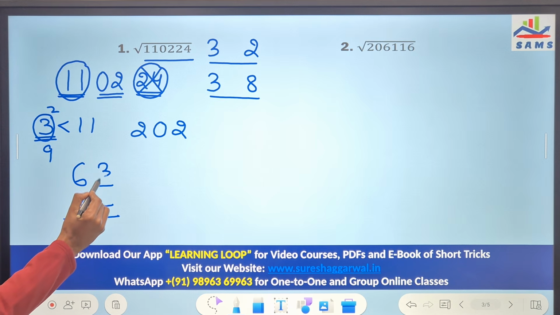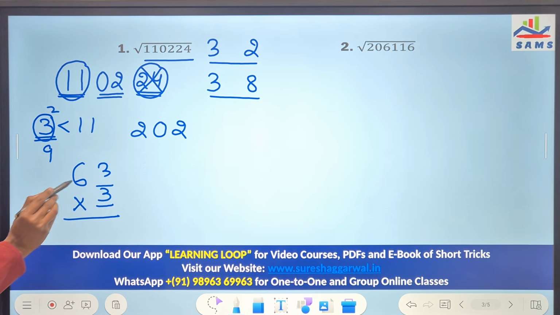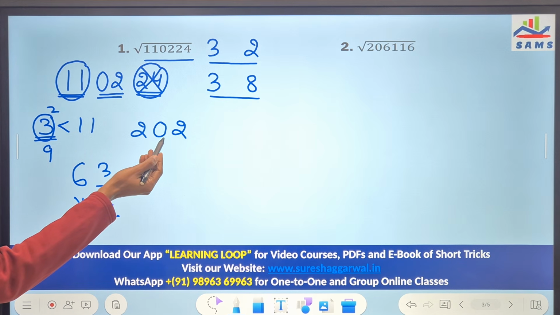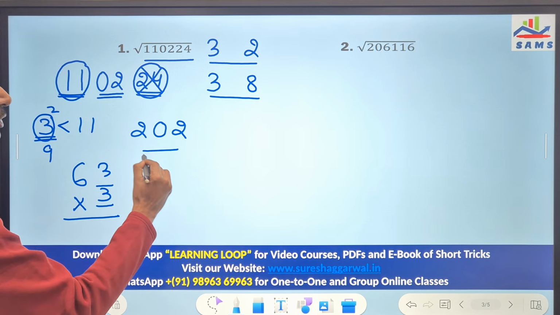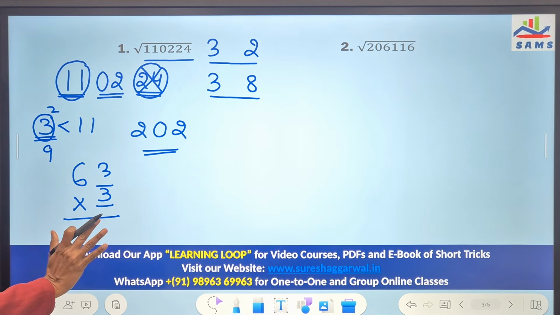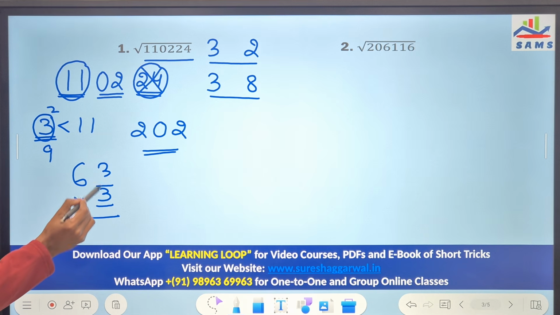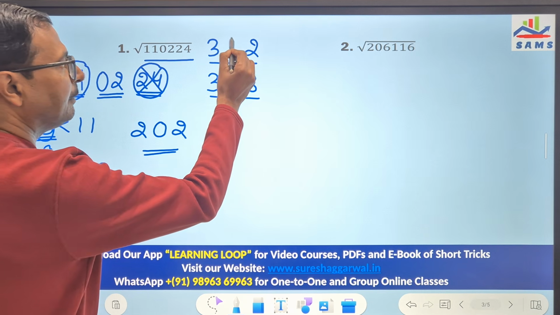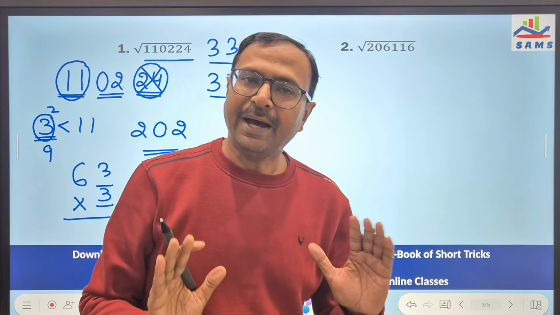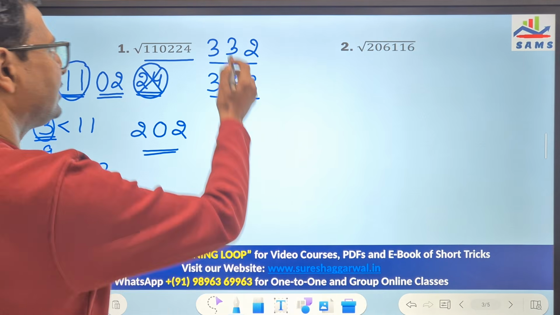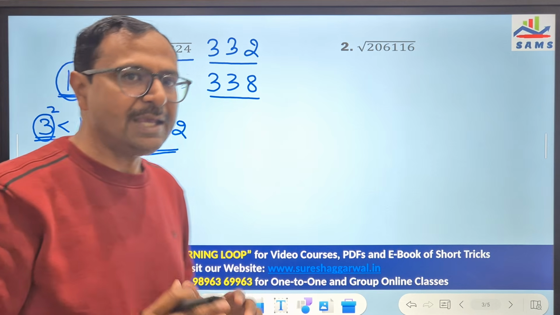So 63 into 3, you can check. 61 into 1 is 61, very less than 202. 62 into 2 is 124, again less than this. 63 into 3 will get me closest to 202, and I don't need to do it further. This 3 which I have chosen here becomes the middle digit of my answer. And now I have two options, 332 or 338.